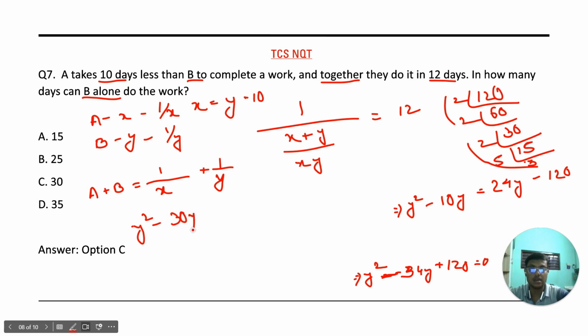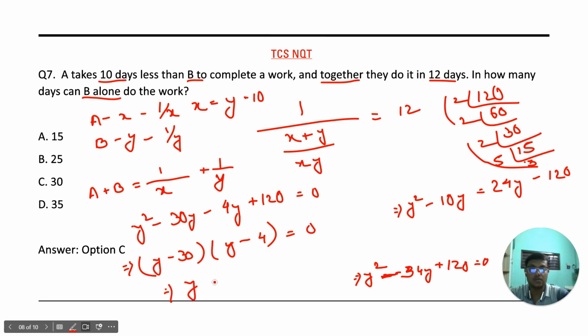So 30 plus 4, 34. Now we can write Y square minus 30Y minus 4Y plus 120 is equal to 0. This implies that (Y minus 30) into (Y minus 4) equal to 0. This implies that Y can either be 30 or 4.